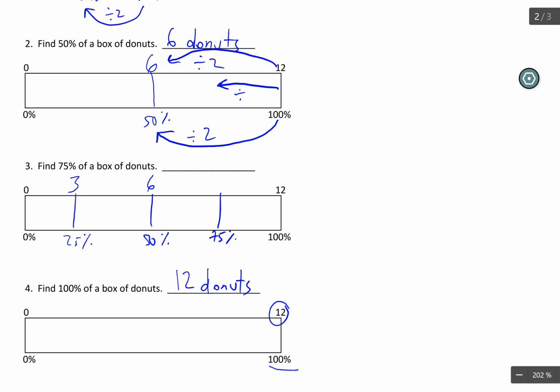I can either complete the pattern 0, 3, 6, something, 12, and I know that would be 9, or I could look at how I get from 25% to 75%. Well, I can multiply by 3. So 3 times 3 is 9. The pattern still holds true that way too. So 9 donuts.